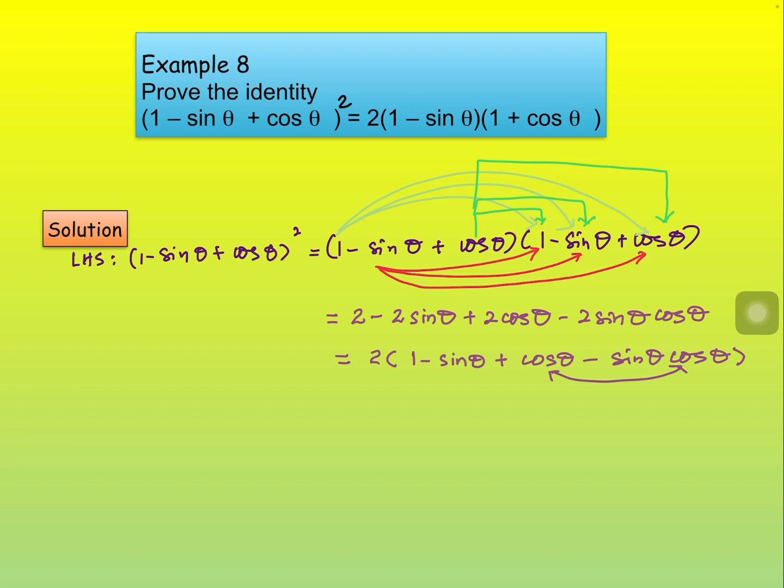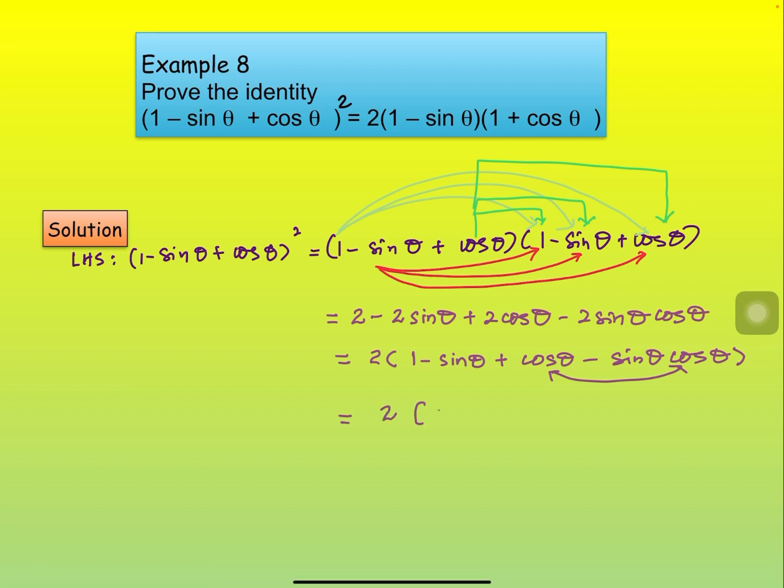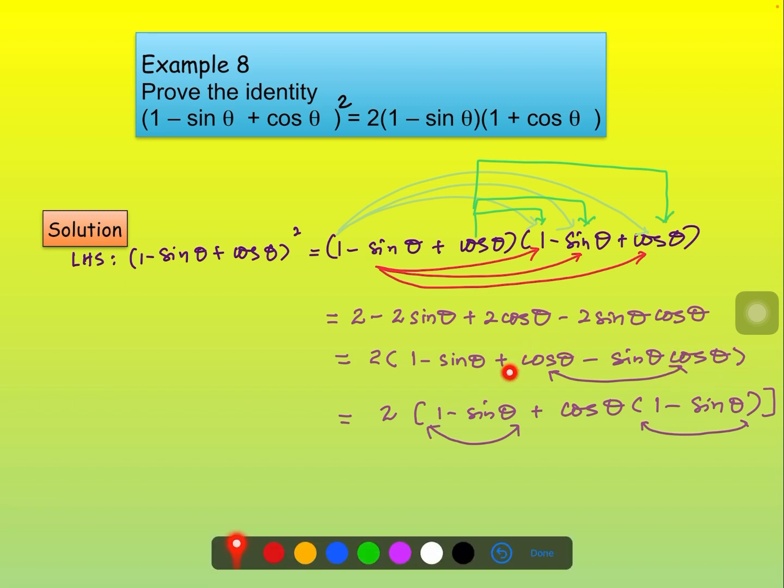What we can observe in common is cos theta and also cos theta for this part. It can be taken out to factorize. So we take out this cos theta outside. Then we have 1 minus sin theta. And then what we have in common after that is 1 minus sin theta here and also 1 minus sin theta here.